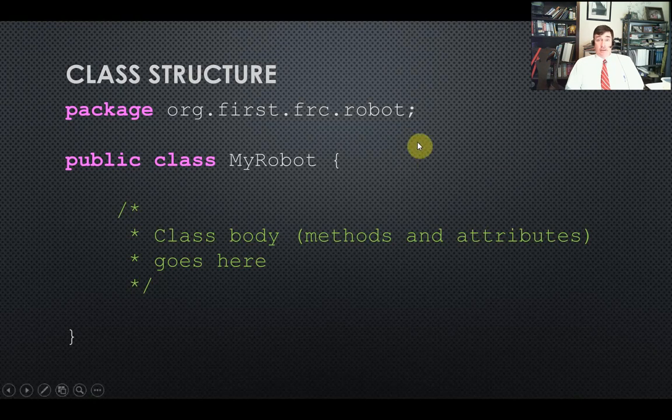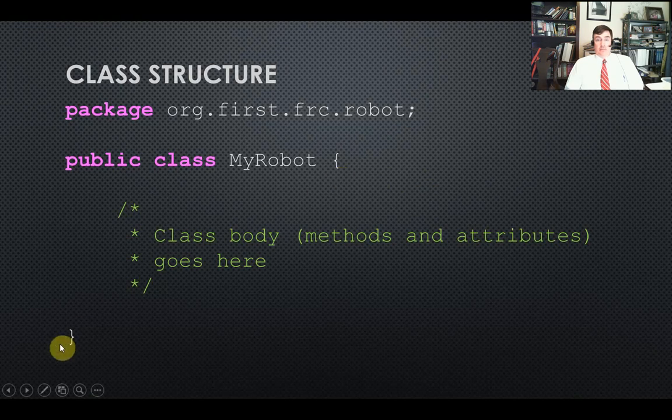So in this case, the internet domain is robot.frc.first.org, and the package is that in reverse, and incidentally, all lowercase. So org.first.frc.robot.myrobot would be the scope that this class lives in. That is where it's found. That is its namespace. You'll also notice something I touched on earlier when we're looking at code samples.